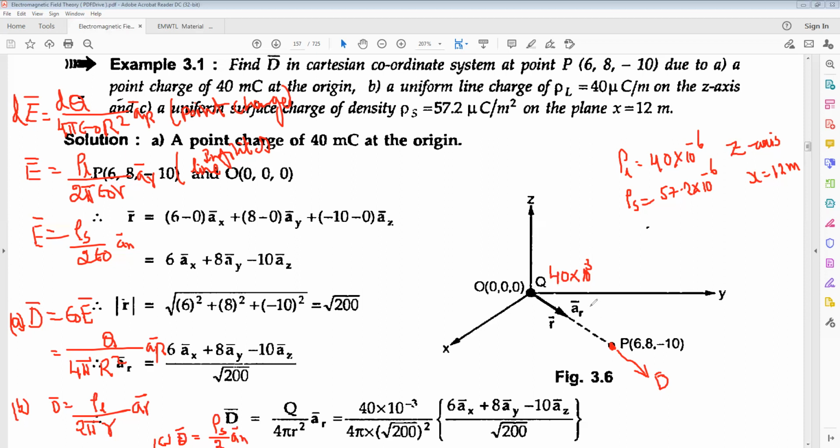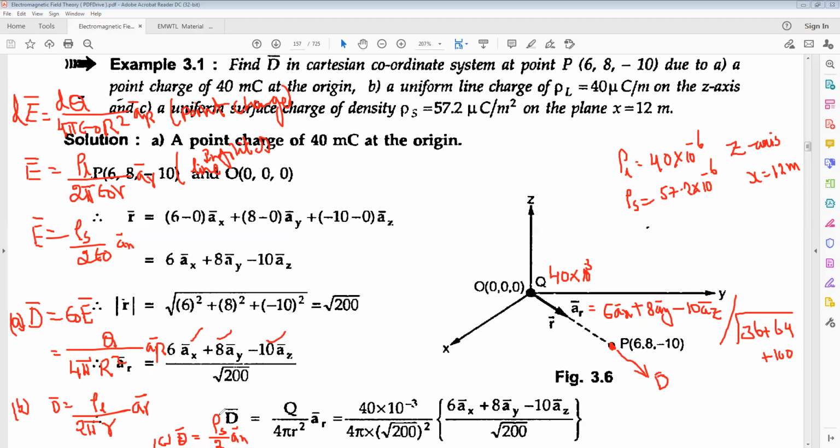We have to find AR bar, which is 6 minus 0 into AX bar, that is 6 AX bar, plus 8 minus 0 into AY bar, 8 AY bar, minus 10 AZ bar, all divided by the magnitude of R. The magnitude of R is 6 square, 36, plus 8 square, 64, plus 10 square, 100, which is 200, so under root of 200. So AR bar is 6 AX bar plus 8 AY bar minus 10 AZ bar, divided by under root of 200.